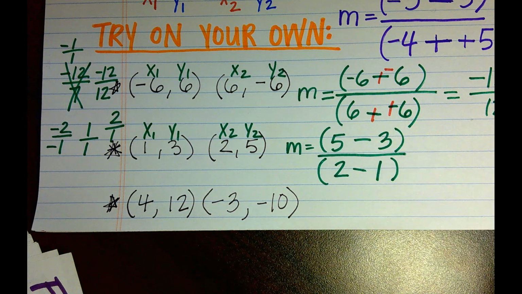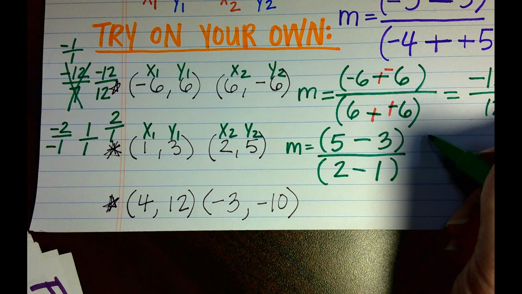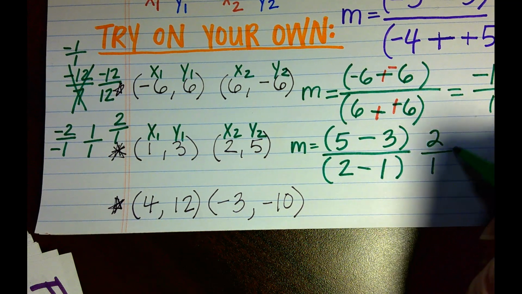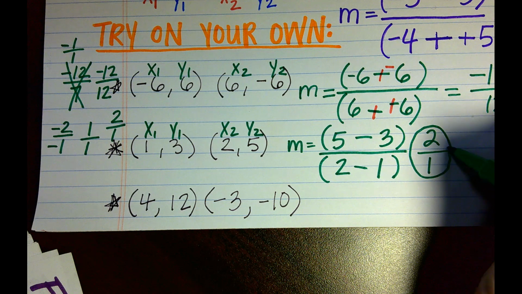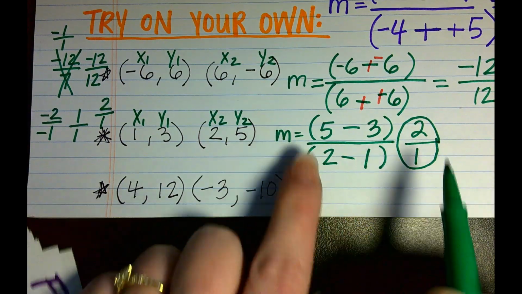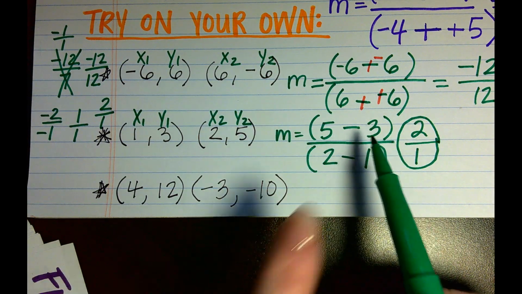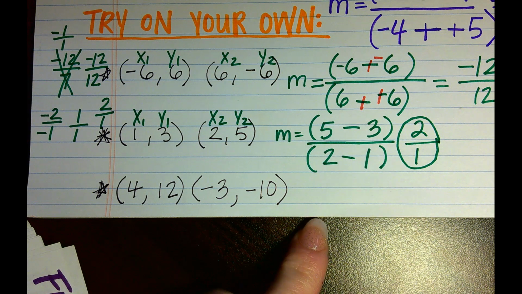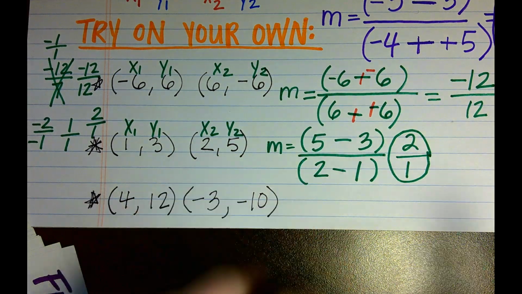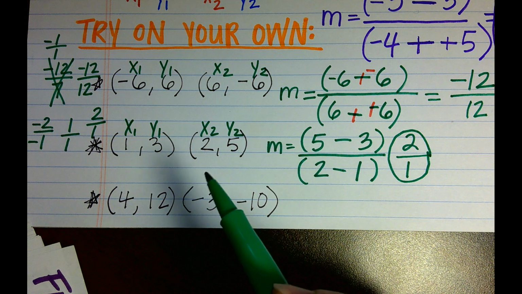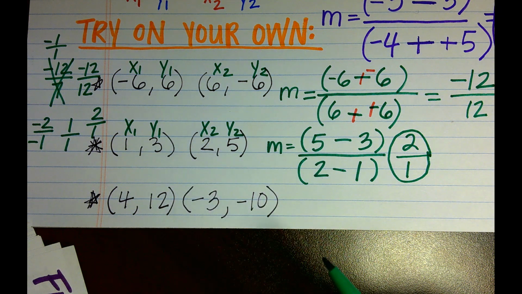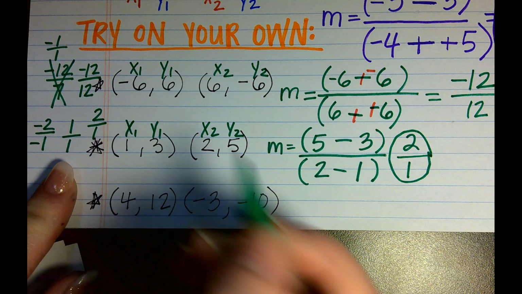Okay, so 5 minus 3 is 2. 2 minus 1 is 1. 2 over 1. Good. Now, Amanda, did you do 3 minus 5 and 1 minus 2? What I'm doing is I'm writing my 2's in the first coordinates and my 1's in the second coordinates.